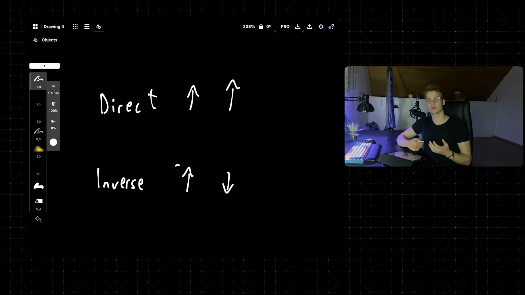So a direct relation, what does it mean? Well, say you have 100 workers and how much you need to pay them. And say you have 1,000 workers and how much you need to pay them. Well, since you have 10 times more workers, you need to pay 10 times the amount of money. That's basically an example of a direct relation or proportion. While an inverse proportion would be, say that you have one worker, how much time does he need to do a project versus if you have 100 people doing the same project.